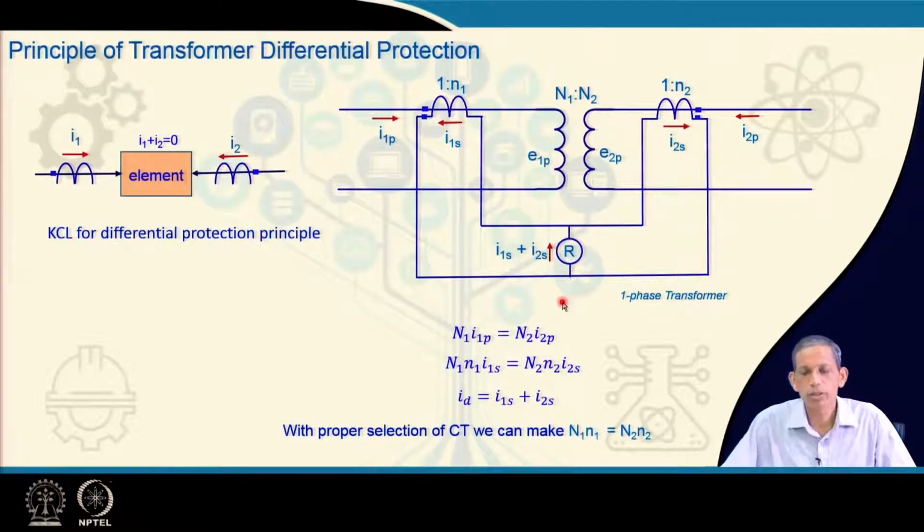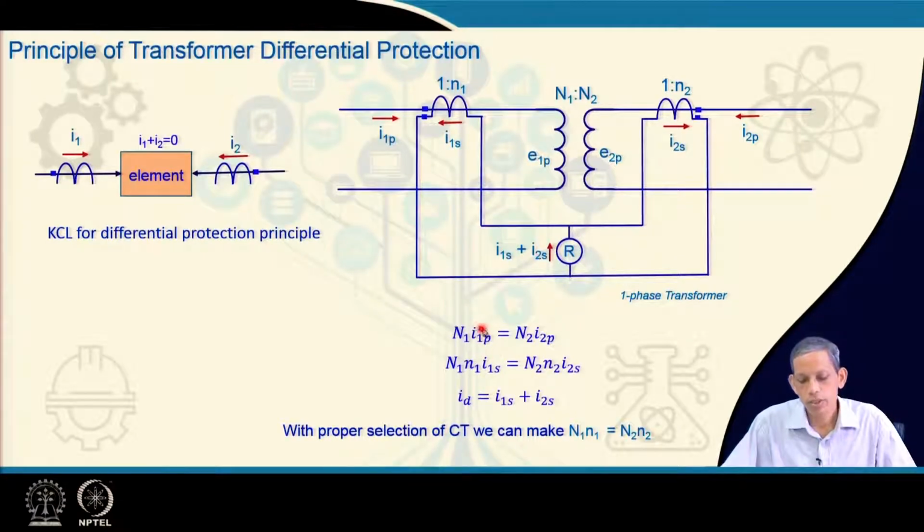The important factor is how to select the corresponding CT ratios 1:n1 and 1:n2, so that the differential current is indicative of an internal fault, not of any external fault. That is the sole purpose of the differential protection for the transformer here. For normal condition, capital N1 into I 1p equals N2 into I 2p, the ampere turn balancing.